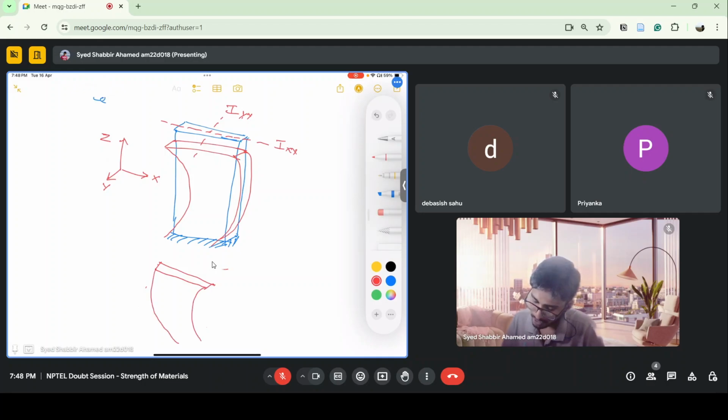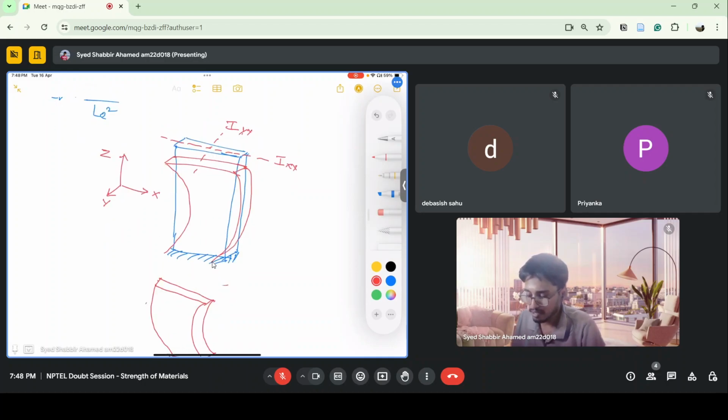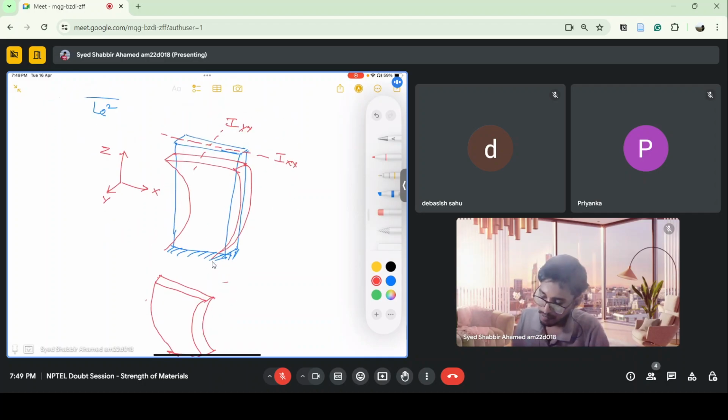Bending like this is difficult, whereas bending like this is easier when I apply load, because the moment of inertia is less.